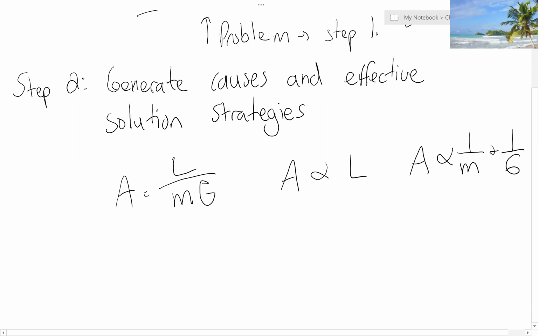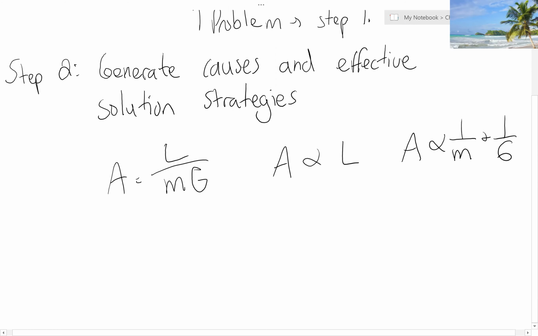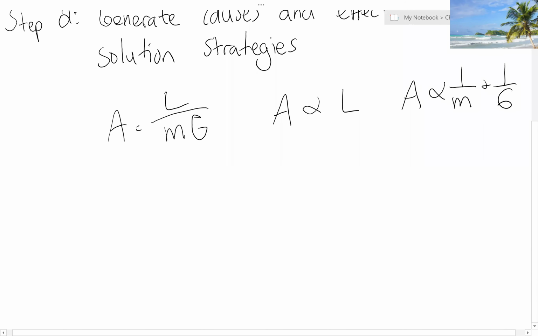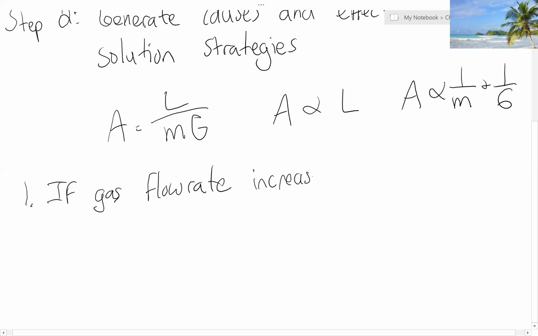So following this, we can brainstorm a whole lot of ideas in terms of ways in which our outlet concentration in our air can come off spec. So, for example, if our gas flow rate increased, then Y out could increase.